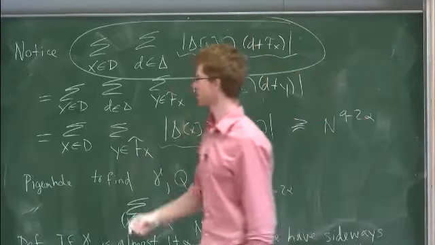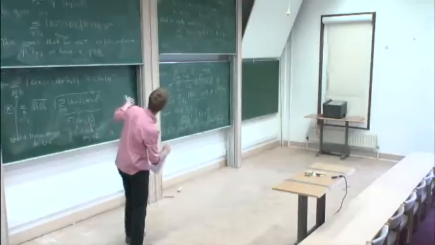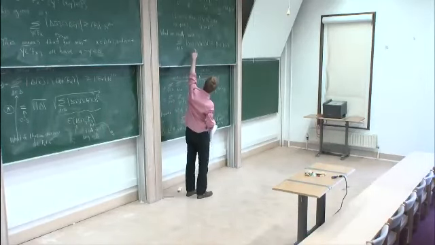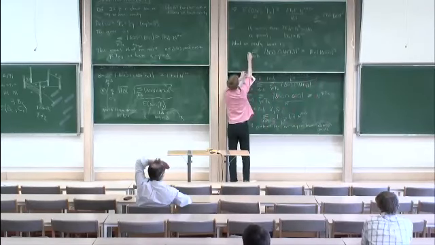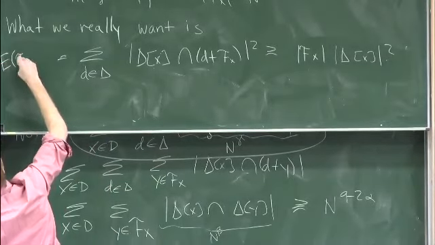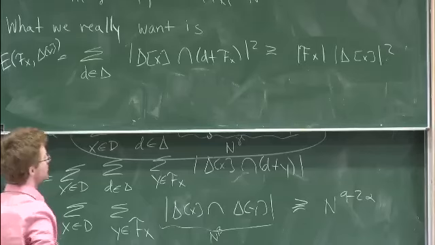And what I showed over here was that if this L2 norm is essentially maximal, then basically by definition, we have that the energy of a big piece of the set is maximal.